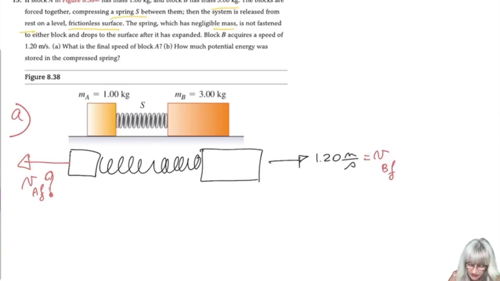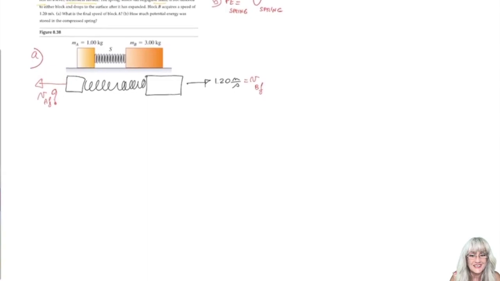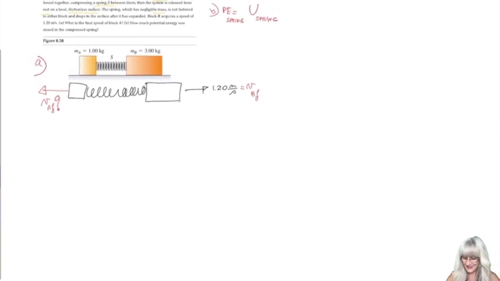In part B, we are going to find how much potential energy is stored in the spring, what I call the U of the spring. Let's compute that too. So I'm going to add a little bit more theory in this great problem.